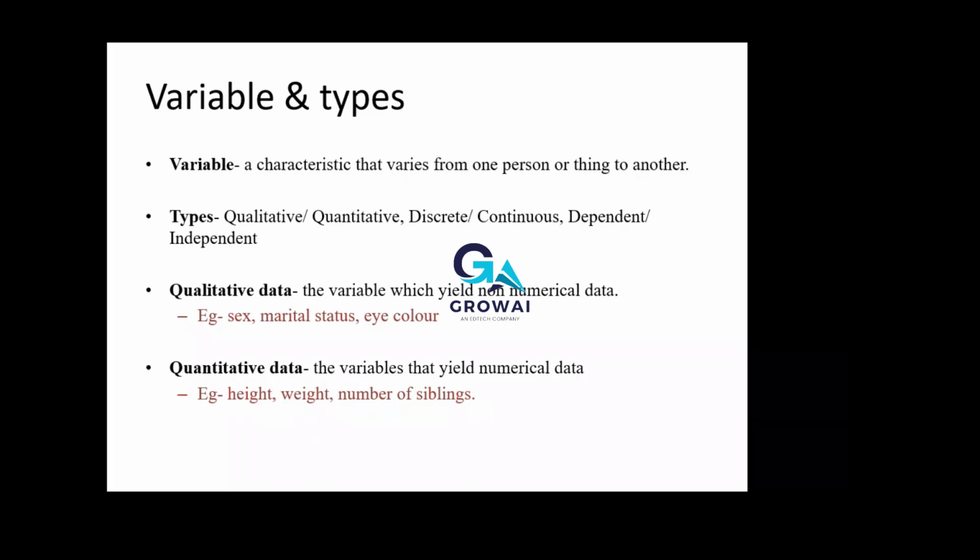Structured data is, for example, data in a tabular form. Unstructured means you cannot arrange the data in certain ways. Okay, so that is called unstructured.